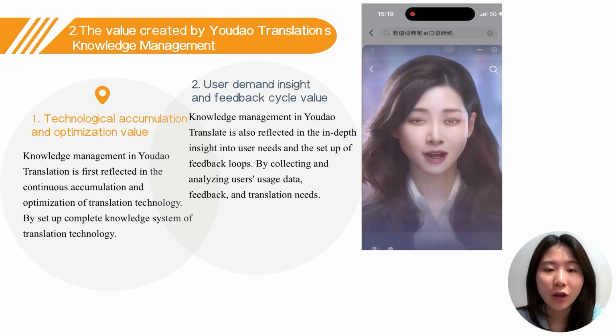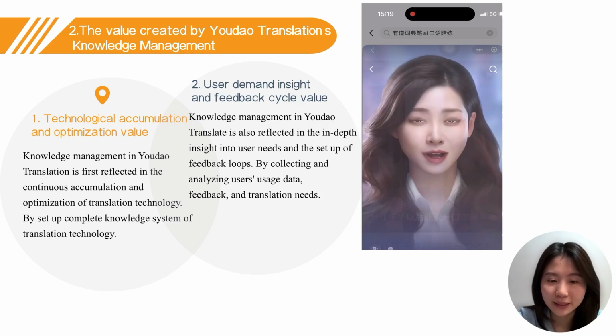First, technology accumulation and optimization value. Knowledge management in Youdao Translate is first reflected in the continuous accumulation and optimization. Second is user demand insight and feedback cycle value.